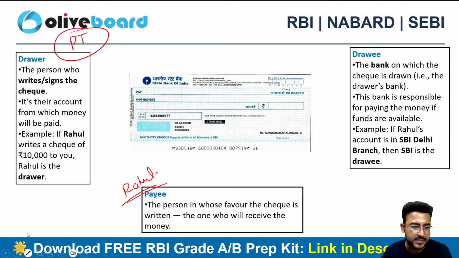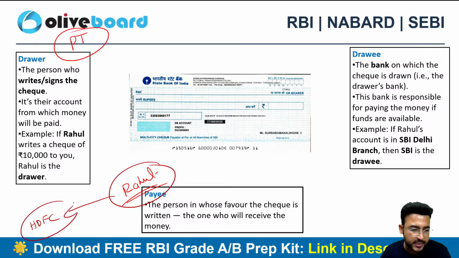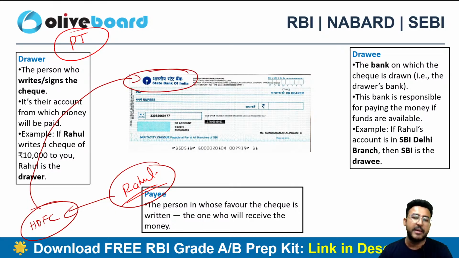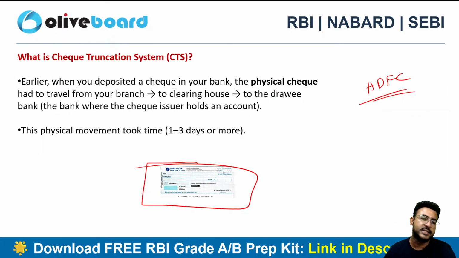Rahul has an account in HDFC Bank, so after getting this check he will deposit it in HDFC. HDFC Bank will send this check to SBI Bank for cross confirmation: is this your check, is this for real? This is just a cross verification system which banks follow. We call it the check truncation system.